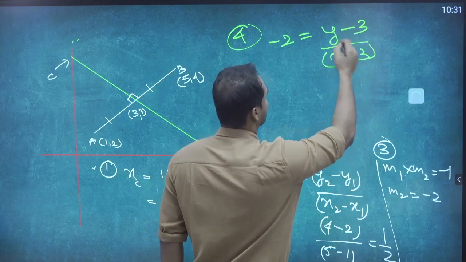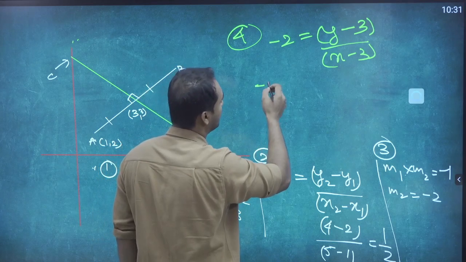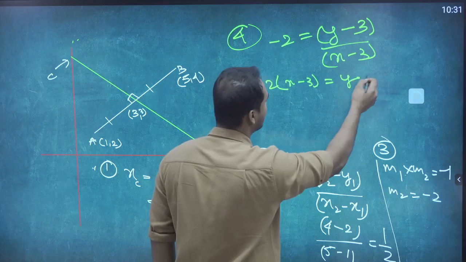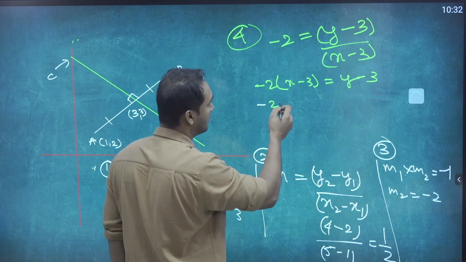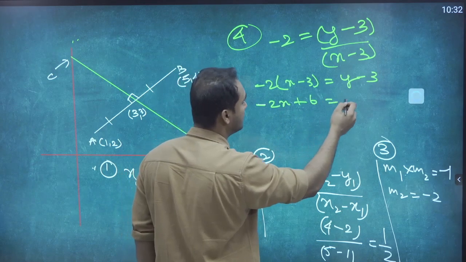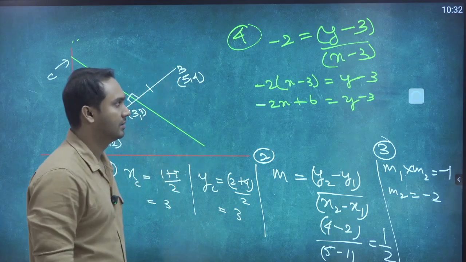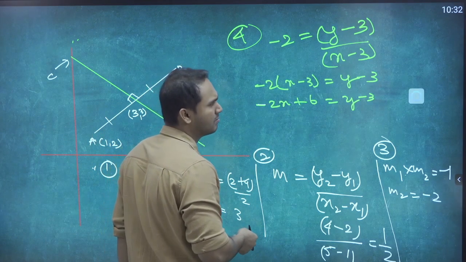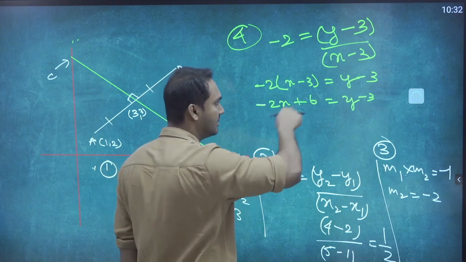Now you simplify this, that's all. Cross multiply it, what do you get? Minus 2 times x minus 3 equals y minus 3. So minus 2x plus 6 equals y minus 3. You want to isolate the y, right? So minus 3 goes to the other side and becomes plus 3, that will be 9.